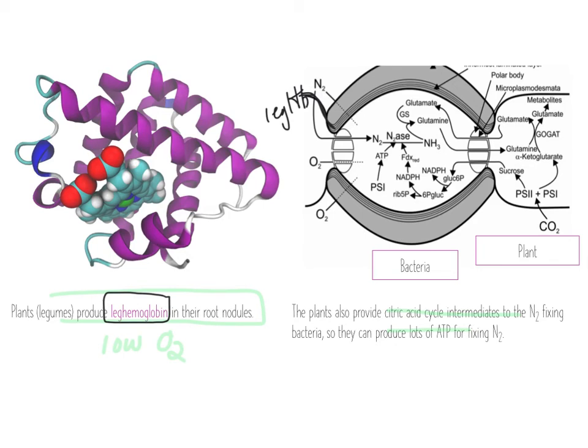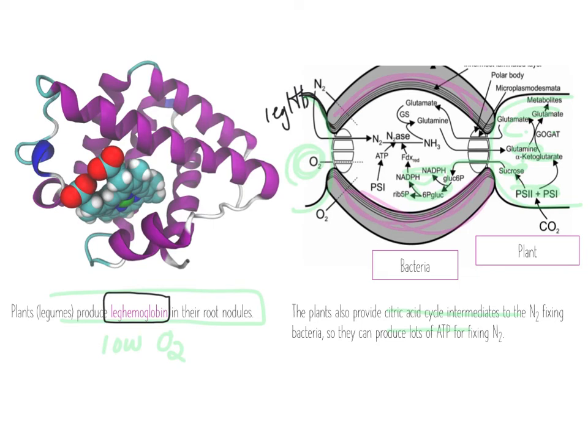So what you're looking at in this diagram is the bacteria here on the inside, and it's surrounded by plant cells. So there's a plant cell here and a plant cell here. You'll notice that a lot of the carbon intermediates, the plant is making those. Well, that's photosystem 1 and photosystem 2, but the plant is supplying the carbon intermediates. It's also keeping O2 outside of the bacteria. And the way that it's able to do this is through the Leghemoglobin.